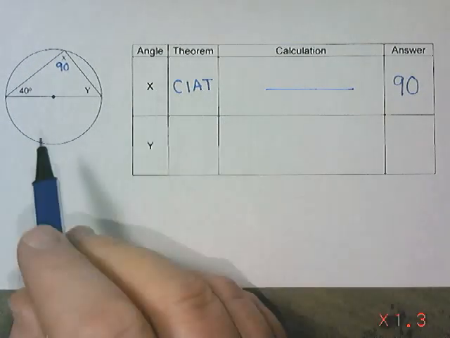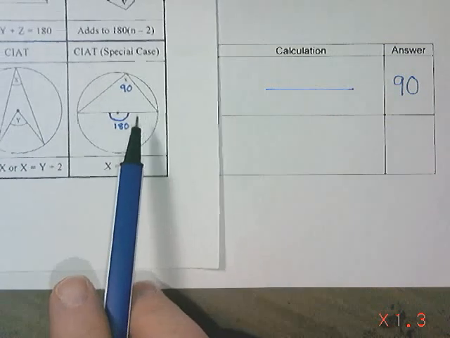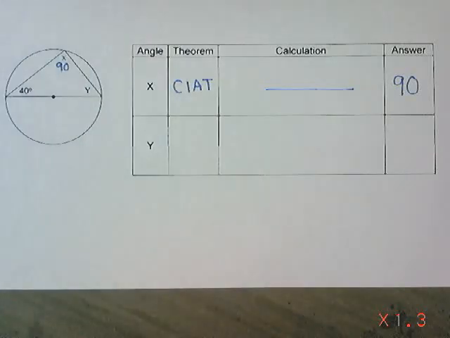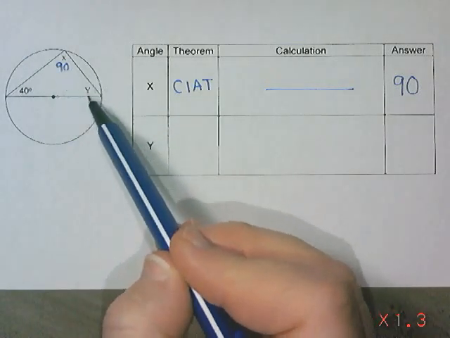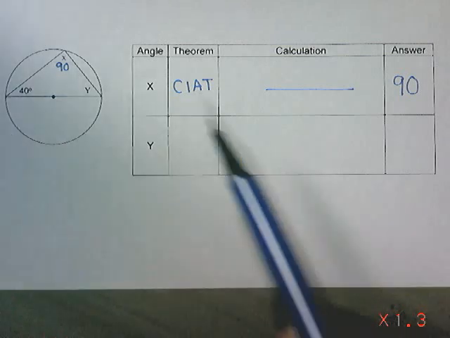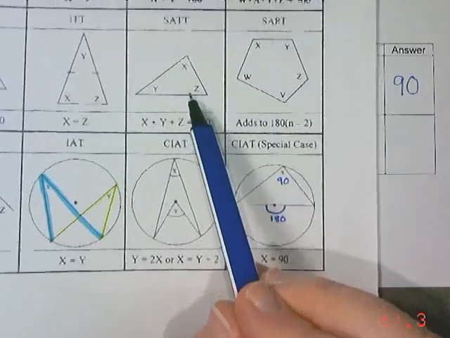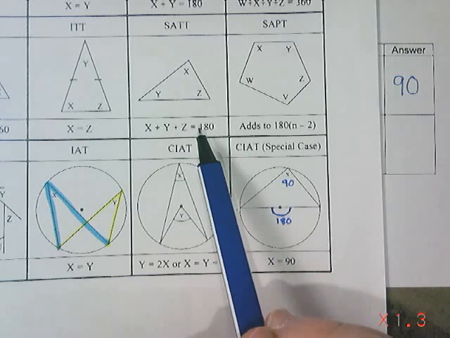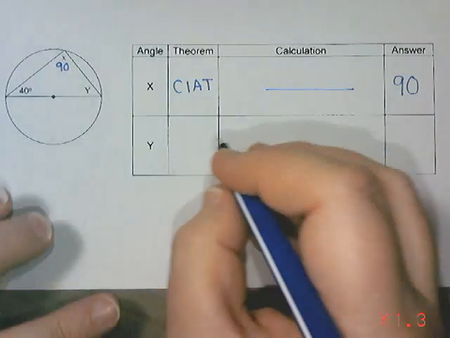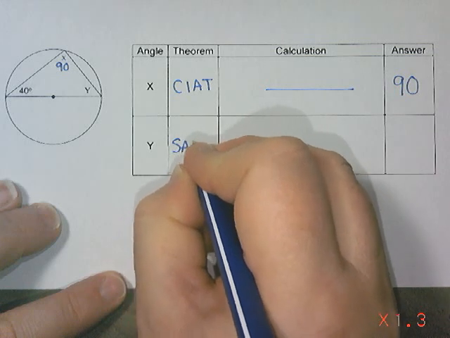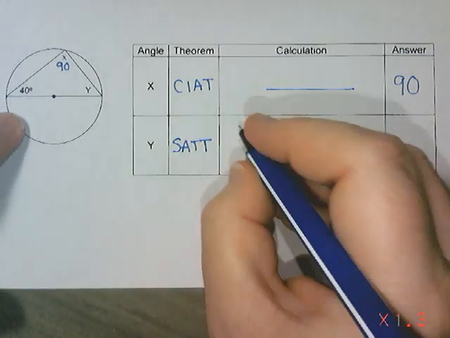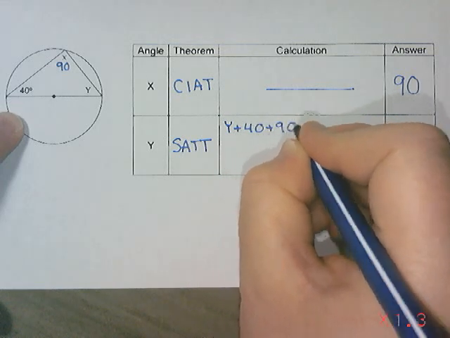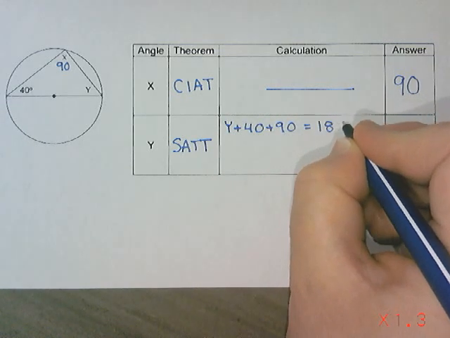All right, and then from here, that's the only thing that I could get off of here, right? None of these other circle theorems apply, but the 40, the 90, and the y are all part of a triangle. So I would use my sum of the angles in a triangle theorem that says that those three angles add to 180 degrees. So I'm going to use SATT, and y plus 40 plus 90 will equal 180 degrees.